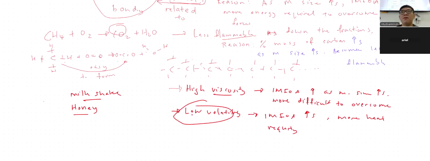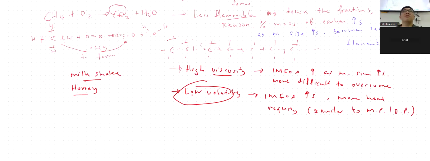If you have a low boiling point or melting point, you can evaporate easier. We can skip a few. You can read the rest. This one does come out.